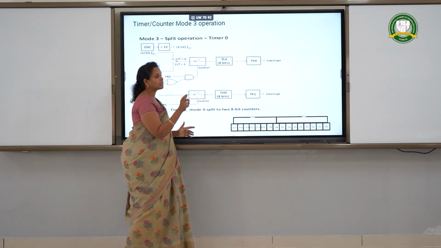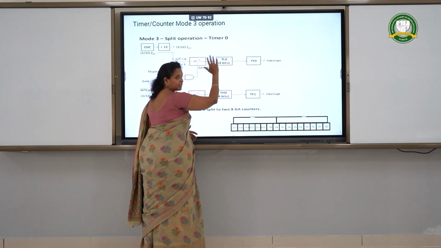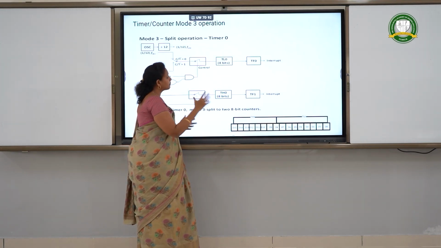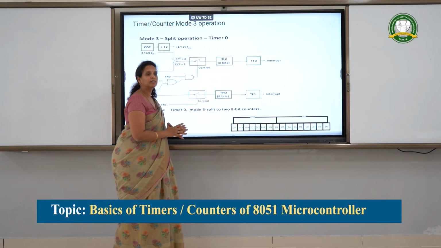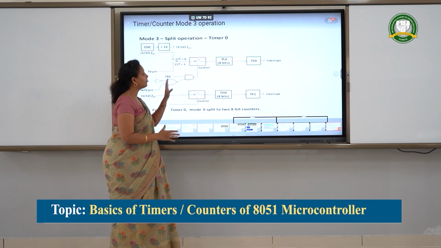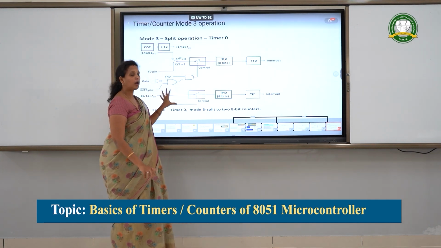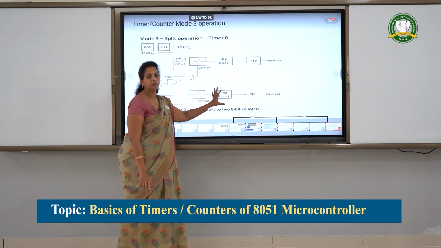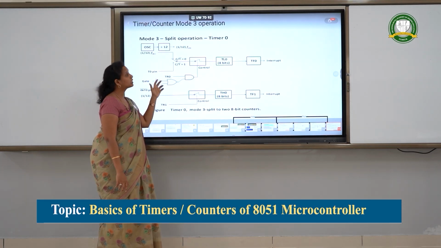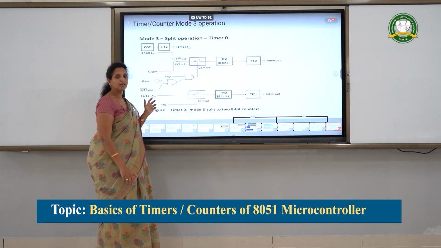The same timer 0 separately works as TL0 and separately works as TH0. The timer bits of 0 now work for TL0, the timer bits of 1 work for TH0. So this is how mode 3 operates for timers and counters.